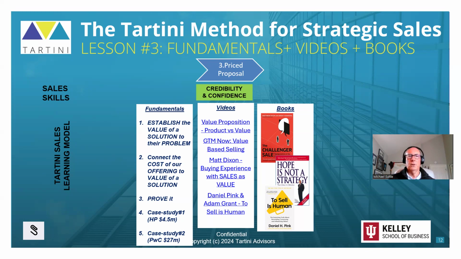In rough terms, what if they thought the value of solving their problem was $10 million and we had something to offer that costs $5 million? That would be what we call, as a technical term, a no-brainer. Why wouldn't you spend $5 million if you're going to get $10 million of value? Sounds like a net plus $5 million if we're doing the math correctly. So that might all be true.